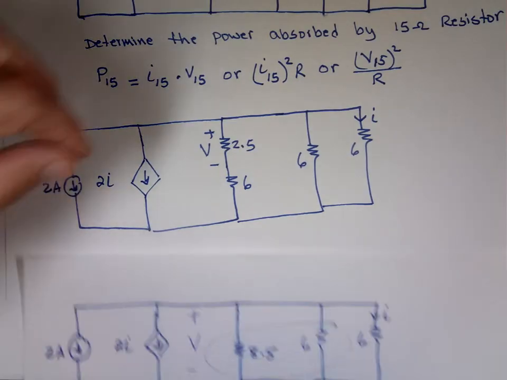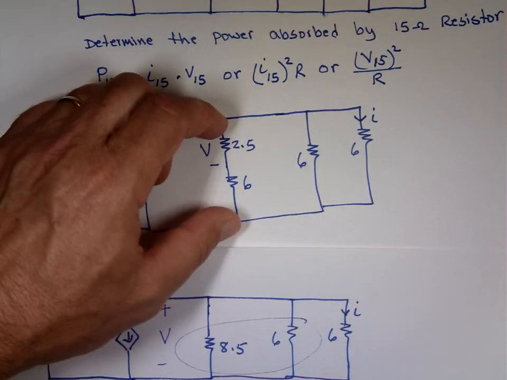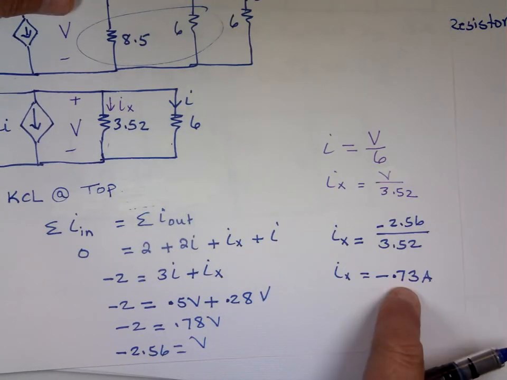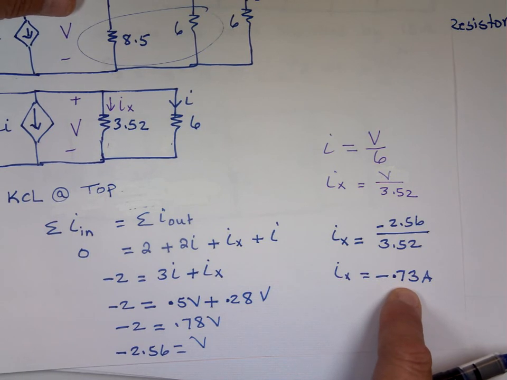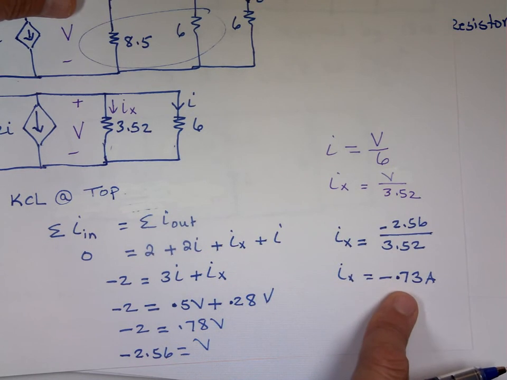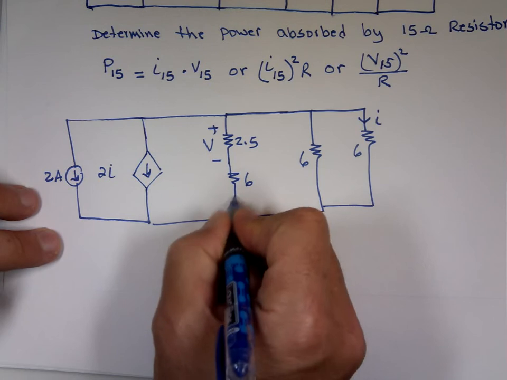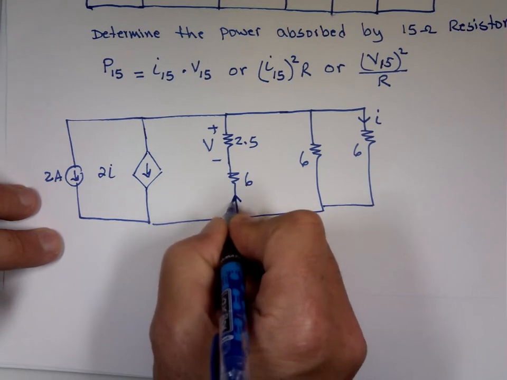The math is telling me I defined the current coming down, and the value is negative 0.73. It says you are wrong. It should be going which way? Upward, and the value is 0.73. So the current through that really should be up there. If you go backward, it should be 0.73 amps.